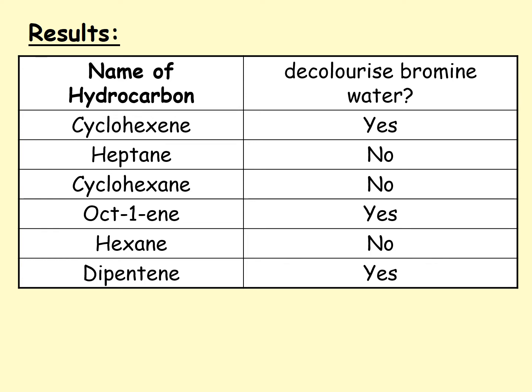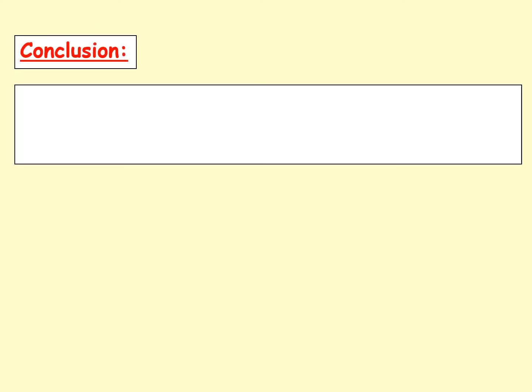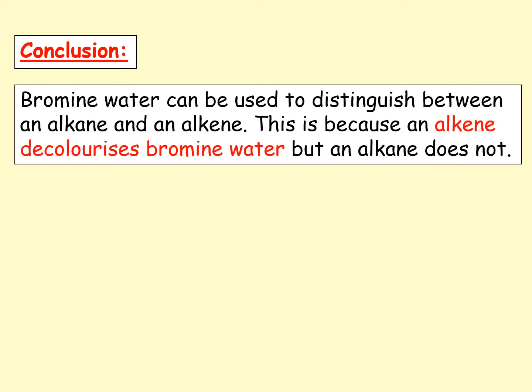For our exams, we need to be able to identify which types of molecules will decolorize bromine water and which will not. That's just known as a test for unsaturation. We also need to know the colour change that is associated with this. So our conclusion for this experiment was that bromine water can be used to distinguish between an alkane and an alkene, because alkenes decolorize bromine water while alkanes do not.